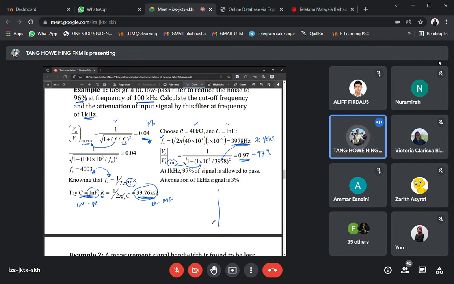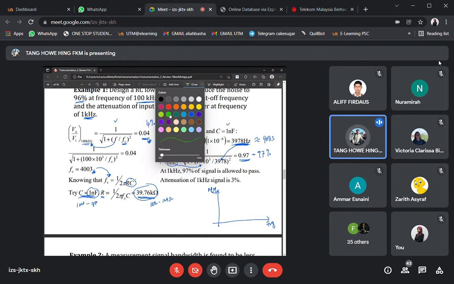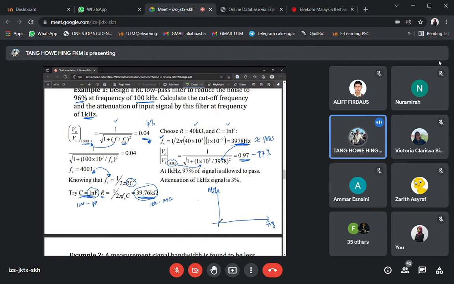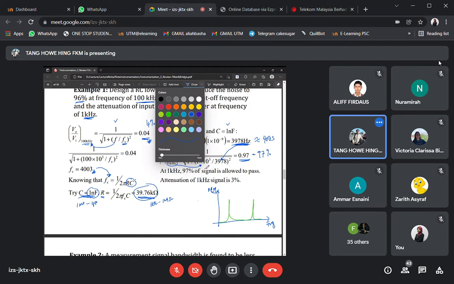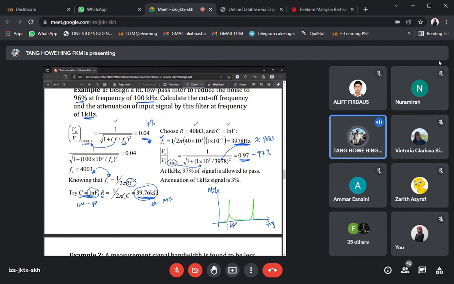So when we look at this spectral plot, frequency against magnitude, originally we have the original signal with two spikes. One spike is at 1 kilohertz, which is the desired signal. Then we have another one, noise at 100 kilohertz, which is the noise that we want to get rid of.